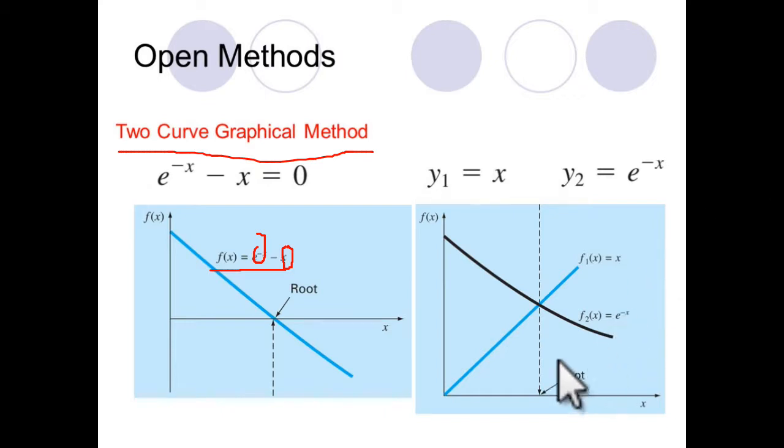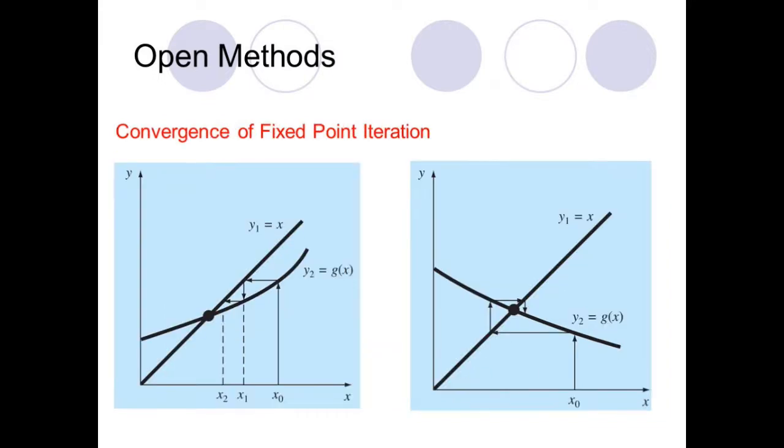Now we draw the line for both functions, and we look at the point of intersection. Now the x coordinate will give us the root of f(x) in this case. Of course, this helps us in understanding the convergence of the fixed point iteration, so let's have a look.